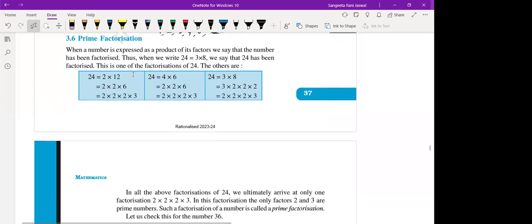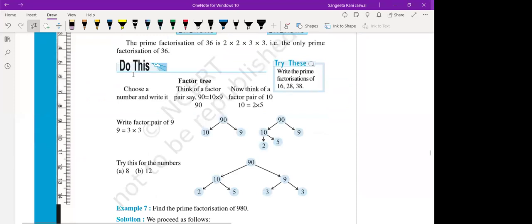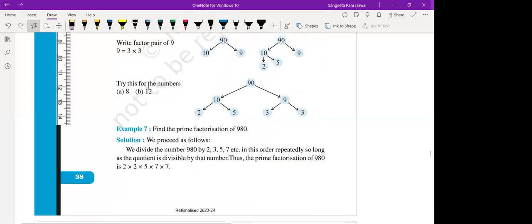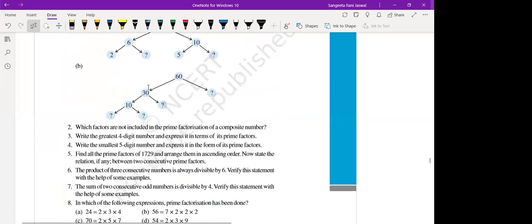Next is prime factorization. For prime factorization, I give you a number and you find the prime factors of it. Write the greatest 4-digit number and express it in terms of its prime factors. How do you make the prime factors? You make a grid like this.